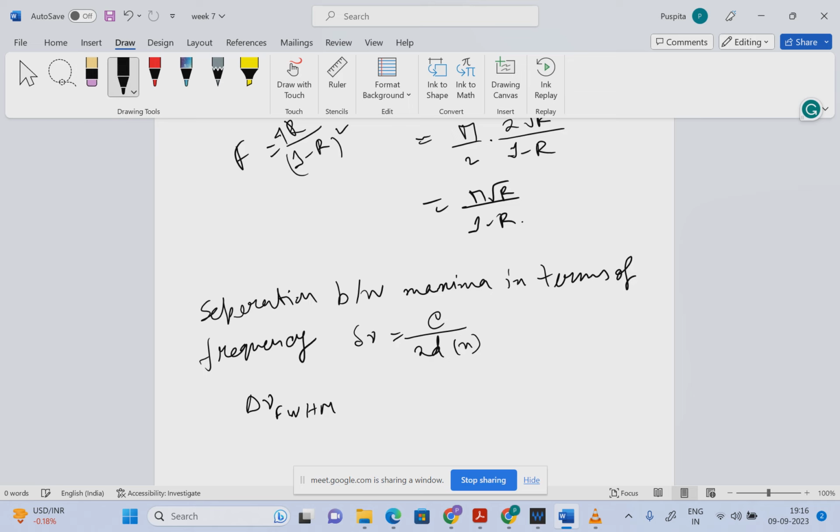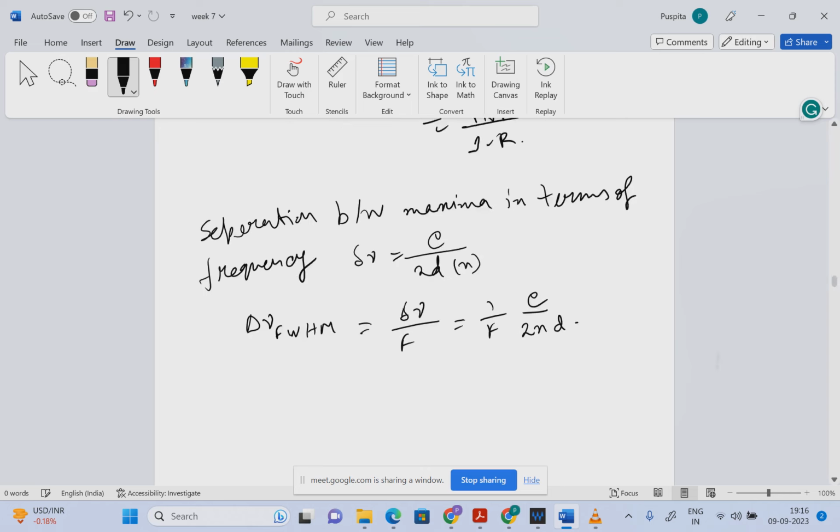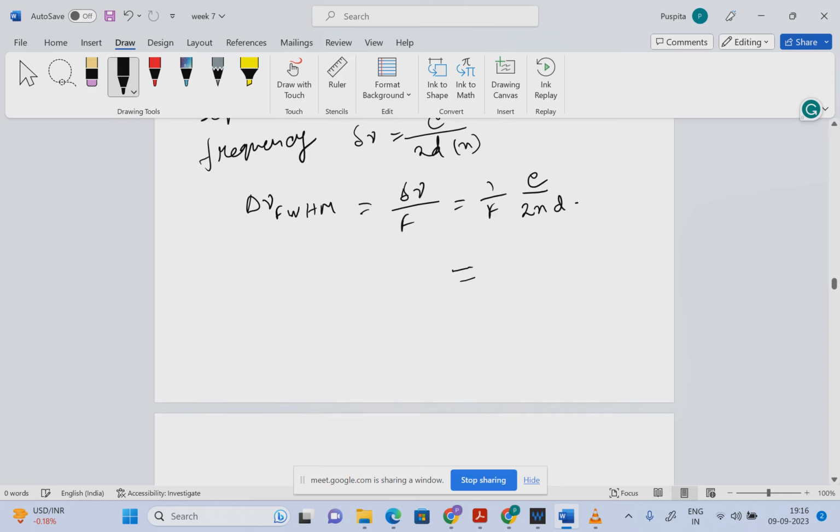For each of these maxima it will be delta nu by F, which is 1 by F, c by 2nd. So c times 1 minus R over 2 n d root R.